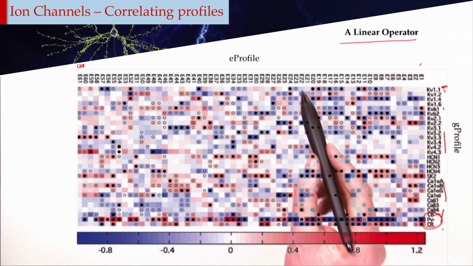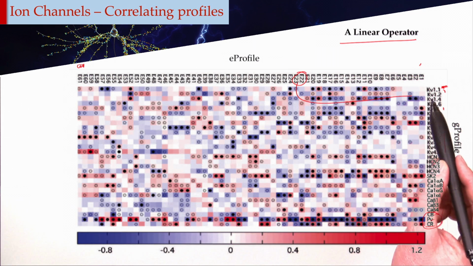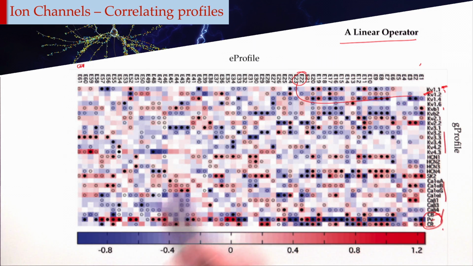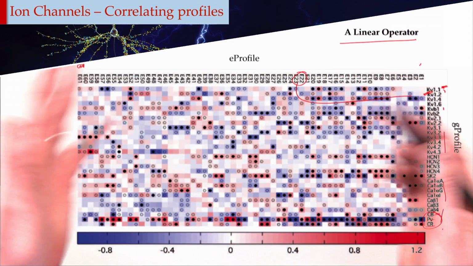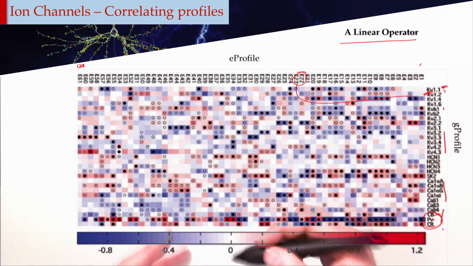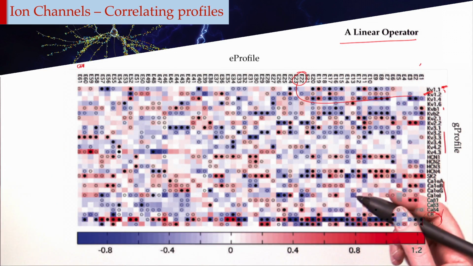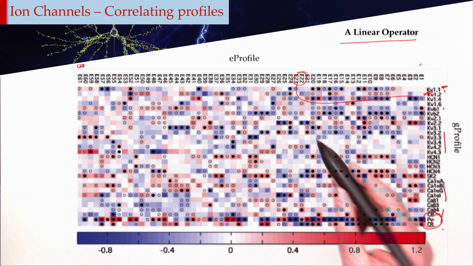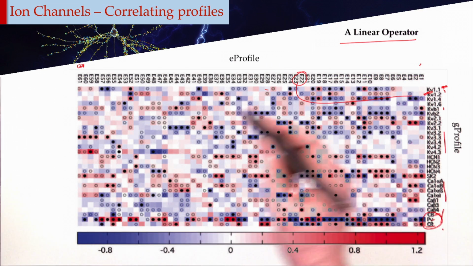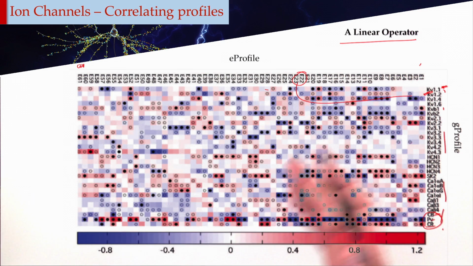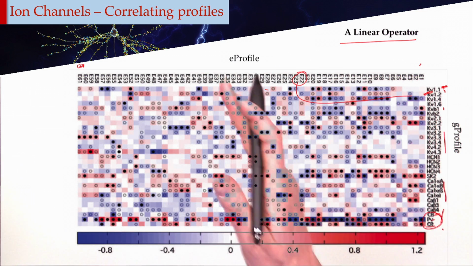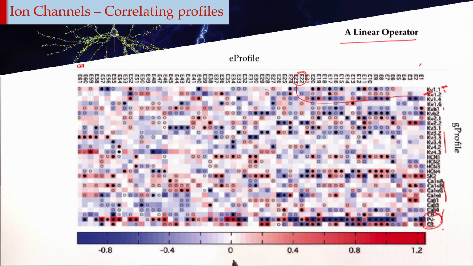And you can ask, how does each value correlate with each gene? And there's a lot of statistics you can do to see if it's statistically significant. And you establish an operator like this, which gives you a measure of the correlation between these different parameters.